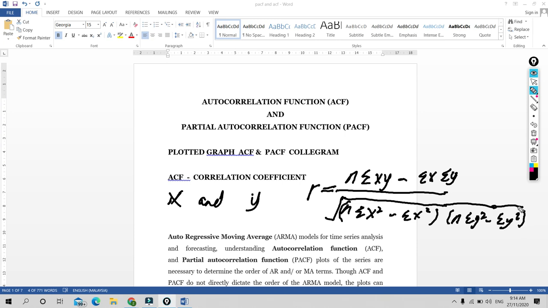Okay, this is the formula for correlation between x and y.